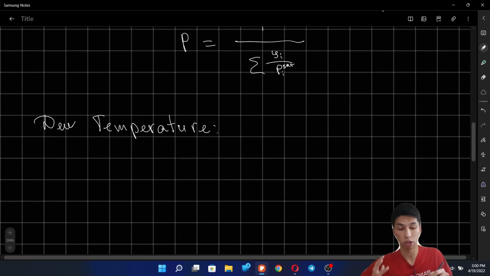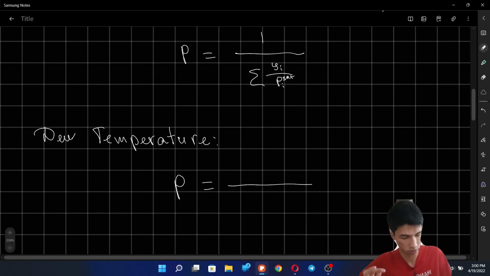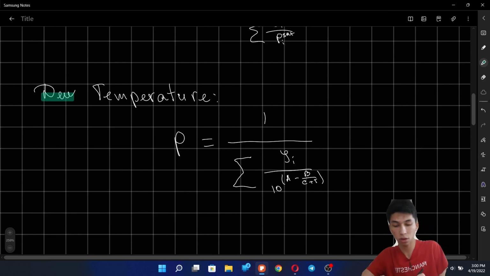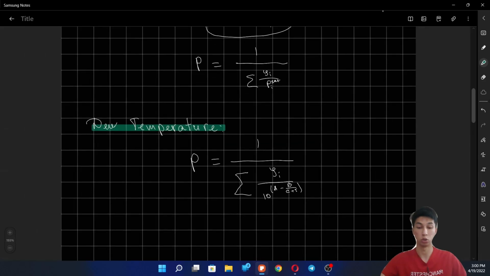So for the dew temperature, it's going to be the same equation, and we replace the pure saturation pressure with the Antoine equation, 10 to the power of A minus B over C plus T. And we have an equation for the dew temperature.